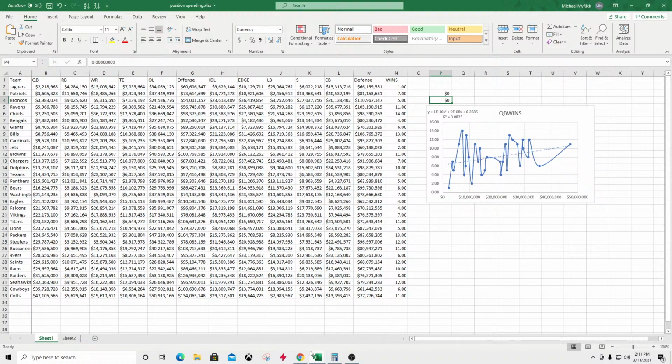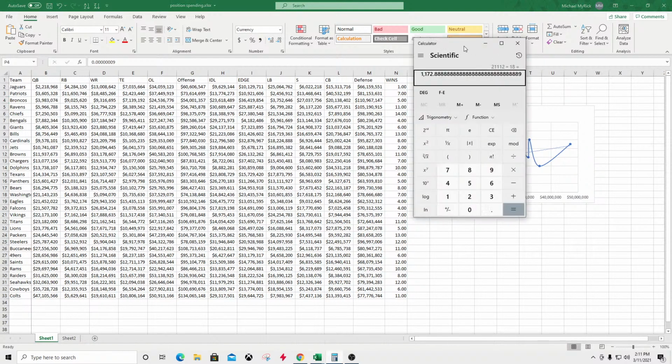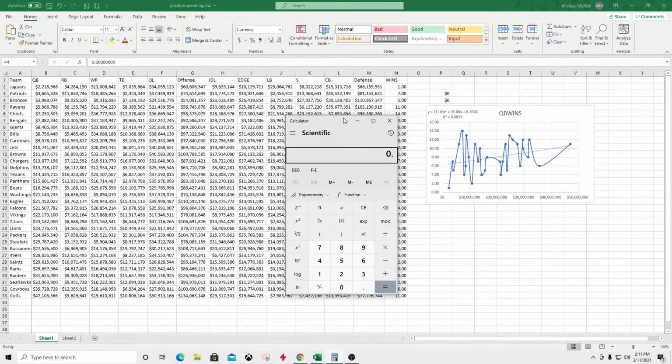So then that's crazy. How much money should we spend on a quarterback? My bad. Other way around.